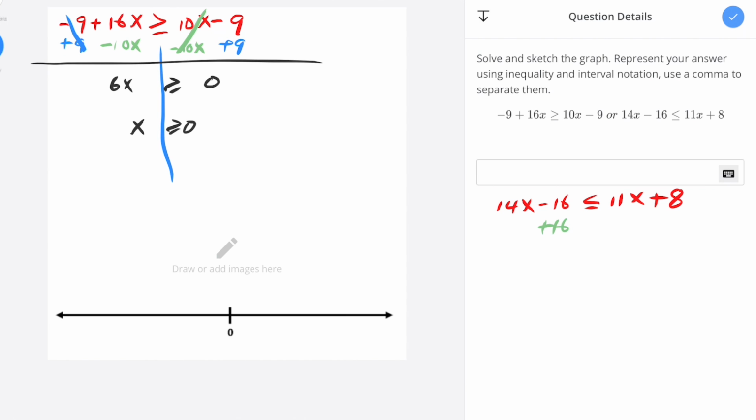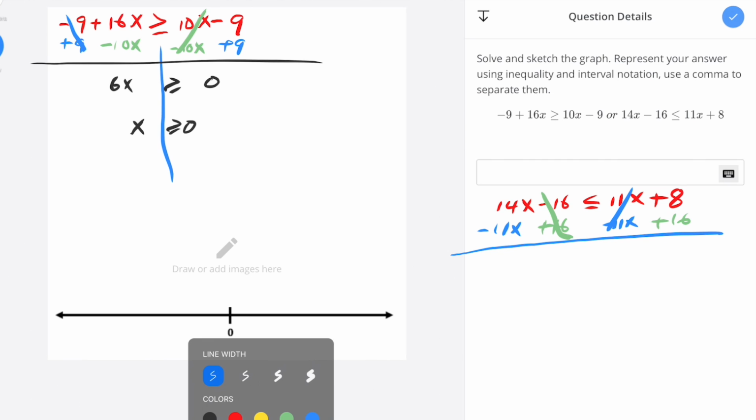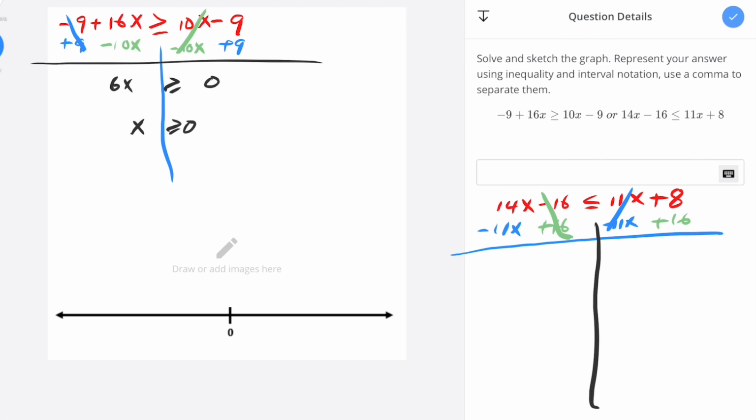Plus 16, cross it out. Minus 11x, cross it out. All right, which means x is less than or equal to 8.